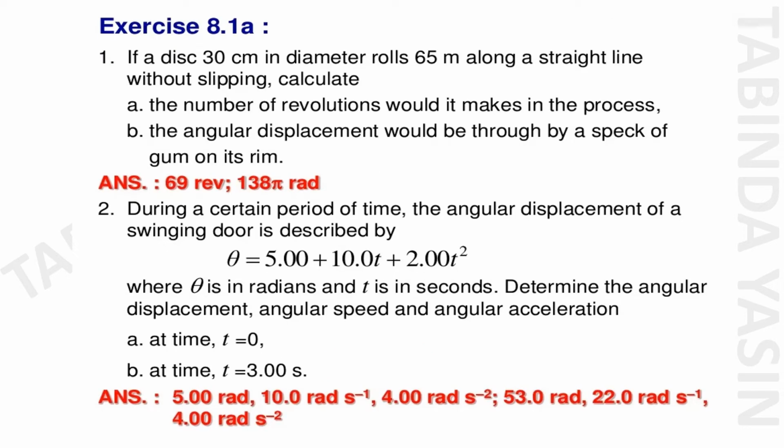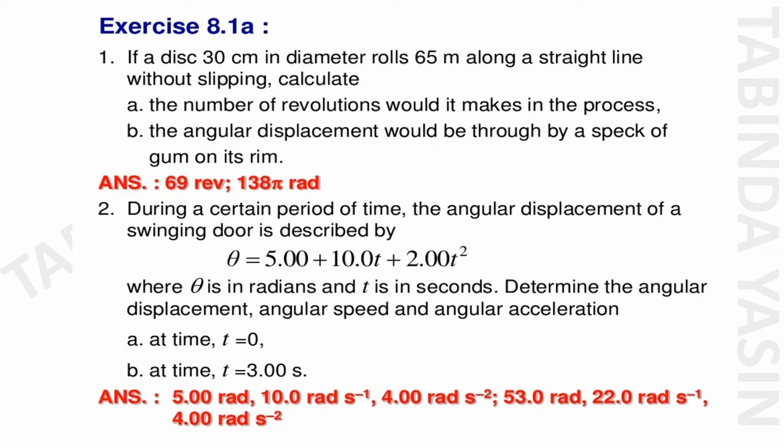Now starting another example. In the exercise, the first part is question number 1. If a disk 30 centimeter in diameter rolls along a 65-meter long straight line without slipping, calculate A, the number of revolutions it would make in the process, and B, the angular displacement of a speck of gum on its rim.